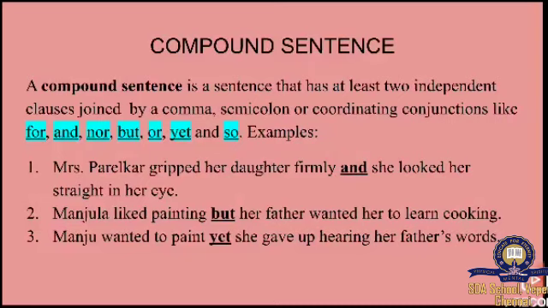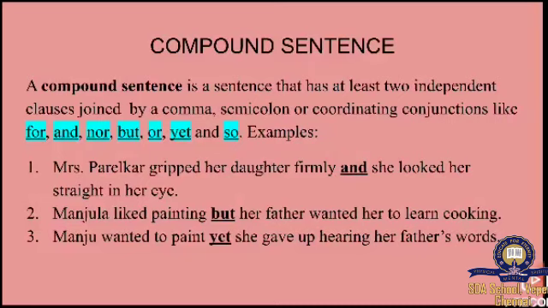Let's move on and see some examples. Mrs. Palkar gripped her daughter firmly and she looked her straight in her eye. So here, before and after the word and, we have two independent clauses. The first is Mrs. Palkar gripped her daughter firmly. Here, we get a meaning that Mrs. Palkar has caught hold of her daughter tightly.